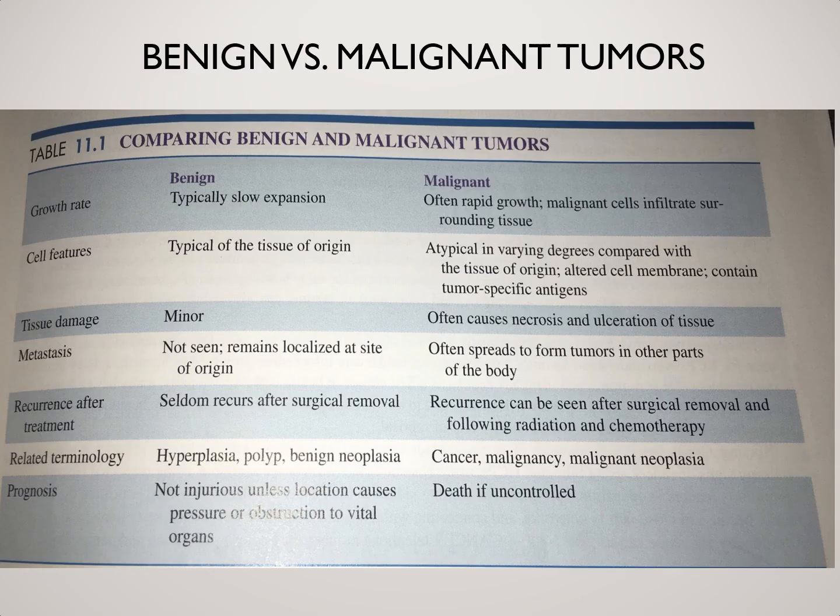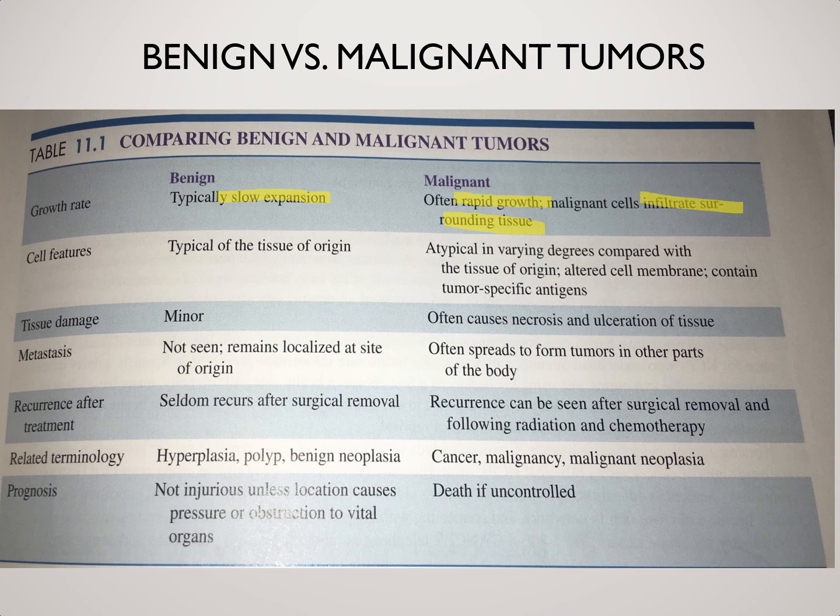This is a great table in your book on page 146, and they compare benign and malignant tumors. So your benign tumors are slower to expand. Your malignant tumors are rapidly growing, and they often infiltrate your surrounding tissues.